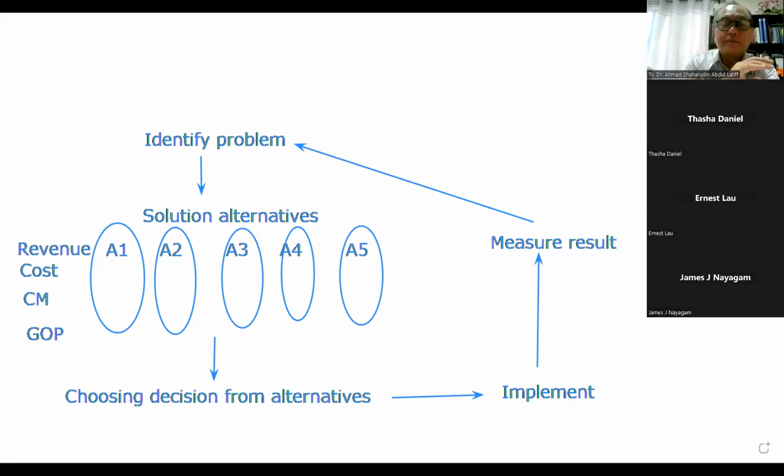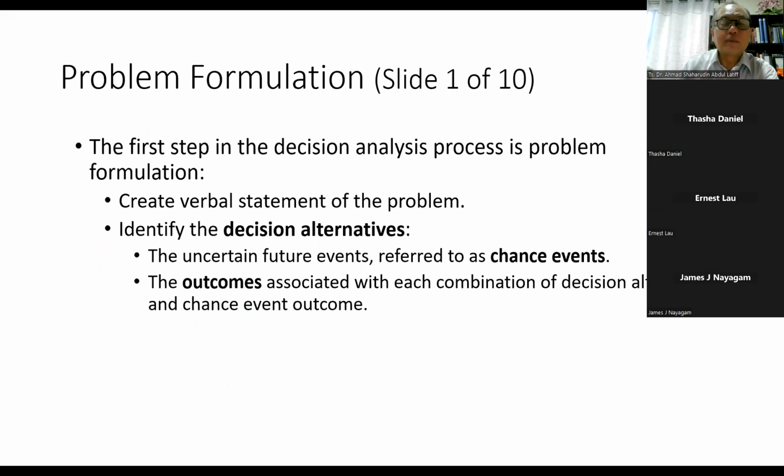The first step is to create a verbal statement and then identify the decision alternatives. For an uncertain future event, you look into chance events with the probability of the event occurring, and then the outcome associated with each combination of decision alternative and chance event outcome.